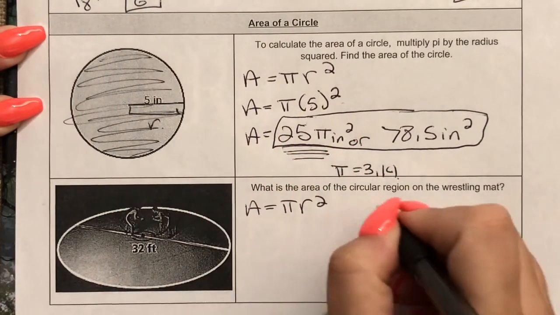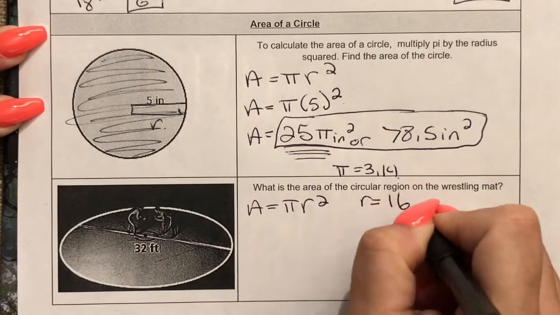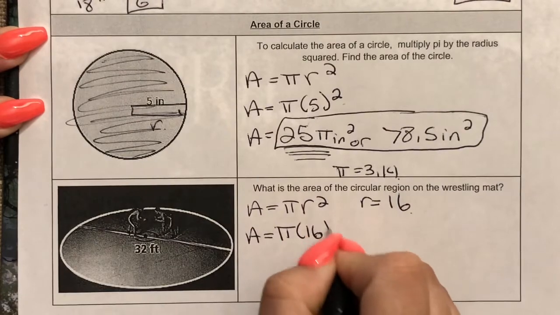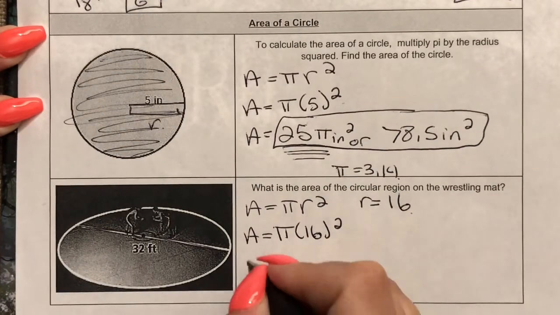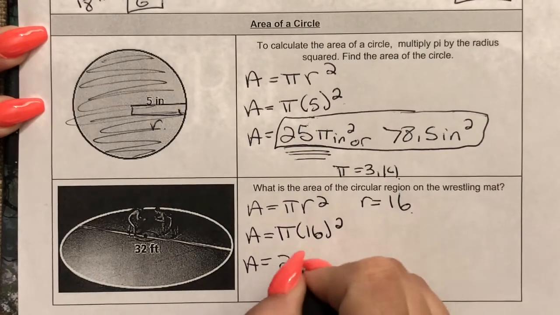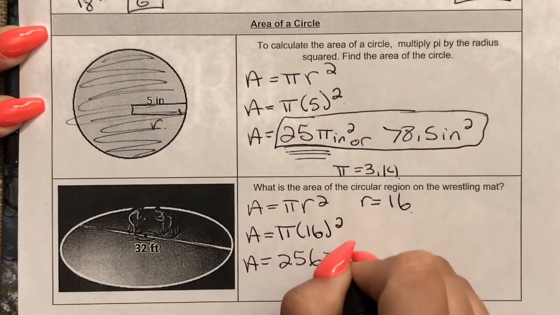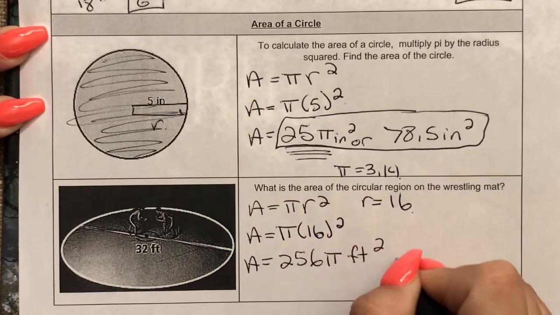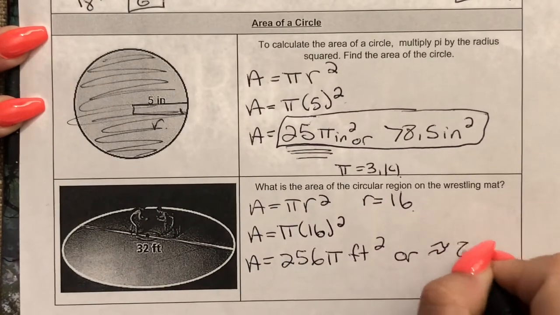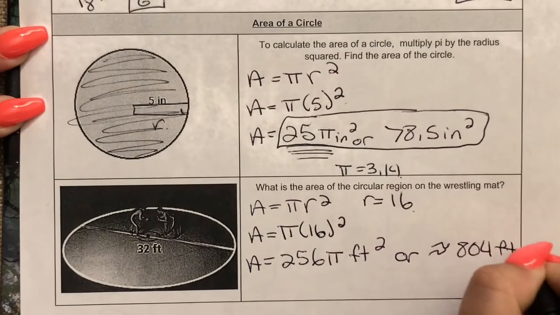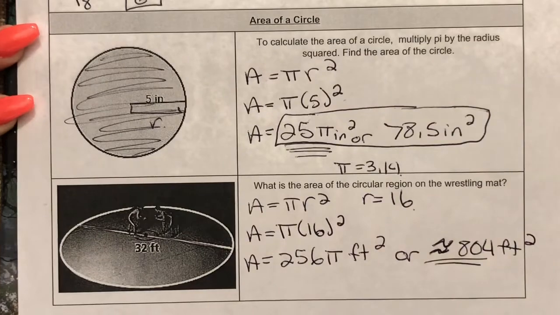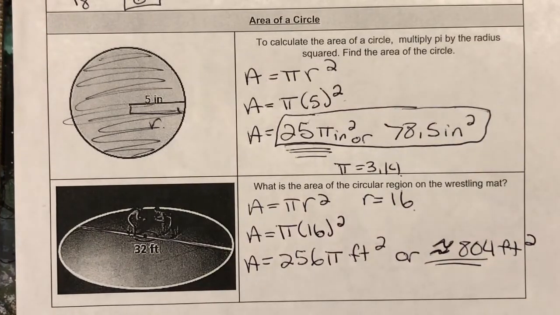So the radius in this problem is actually 16. When I plug that in, I get 16 squared. This means the area of the wrestling mat is 256 pi feet squared, or I can convert it and get approximately 804 feet squared. This time I use the approximately symbol, so I can go ahead and give it as a whole number.